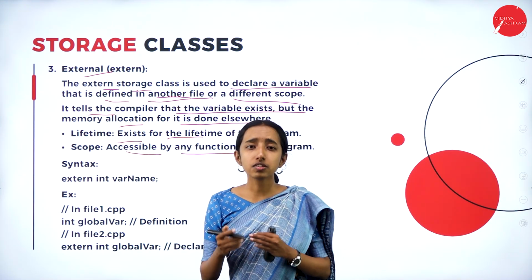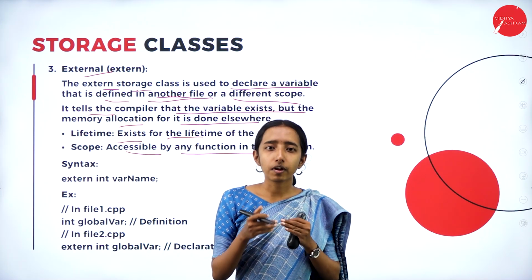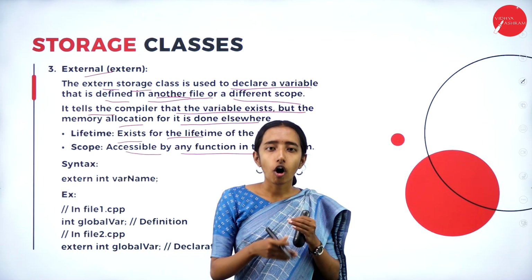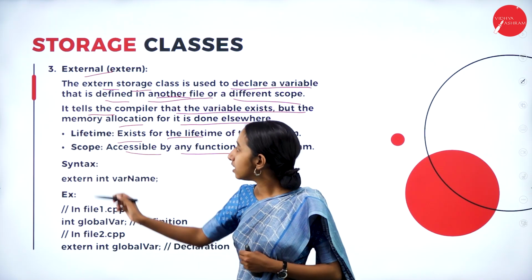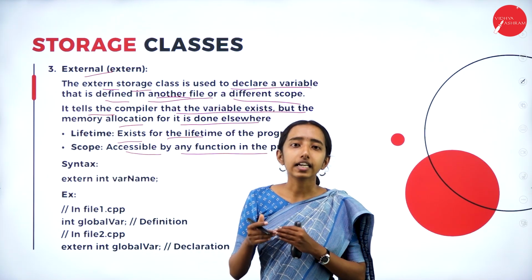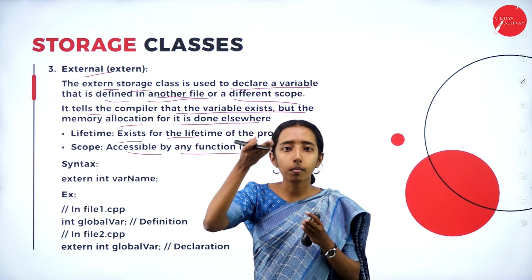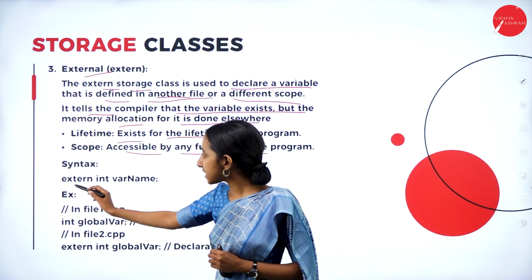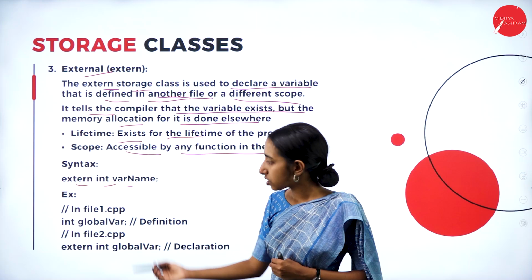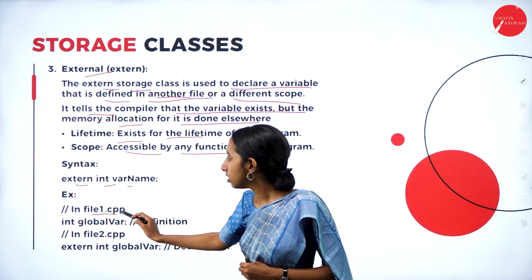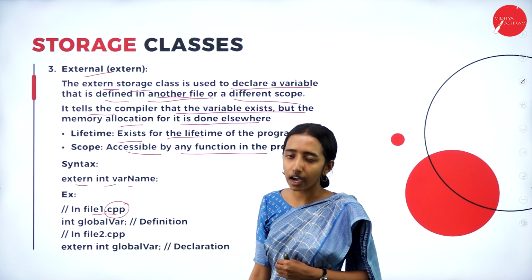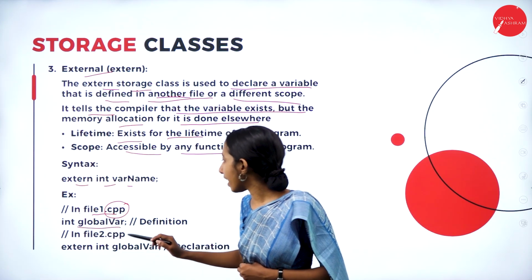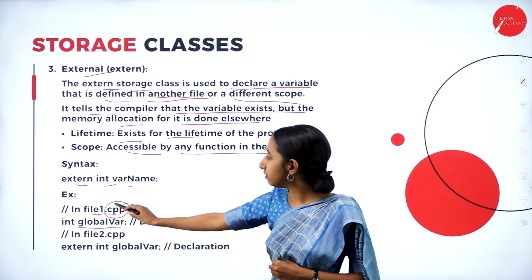Lifetime means whether the variable exists for the function, the whole program, or just a block. Scope means where we are declaring it, whether global or local. Syntax: extern int var name. For example, in file1.cpp, the extension for C++, I define int global var, a global variable in that file.